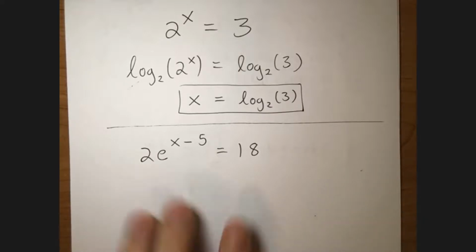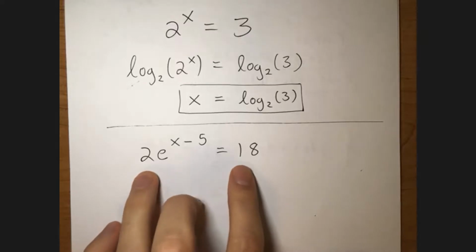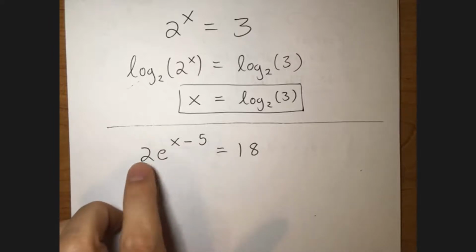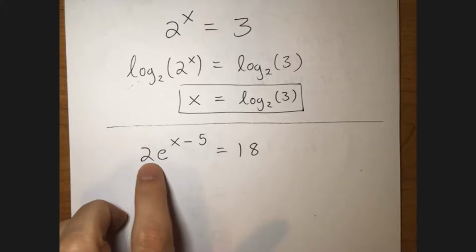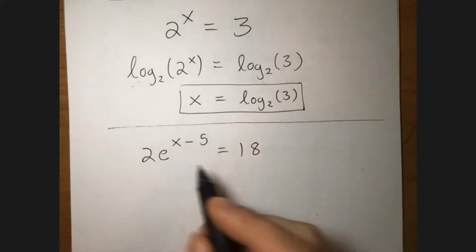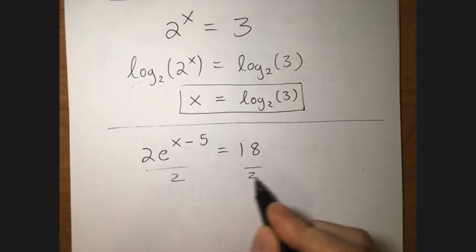Doesn't really matter. We can use logarithms to solve this. What I want to do first, though, is get rid of the 2 that's in front. So the first thing we do, let's divide both sides by 2. Okay. So I'm going to divide by 2 here.